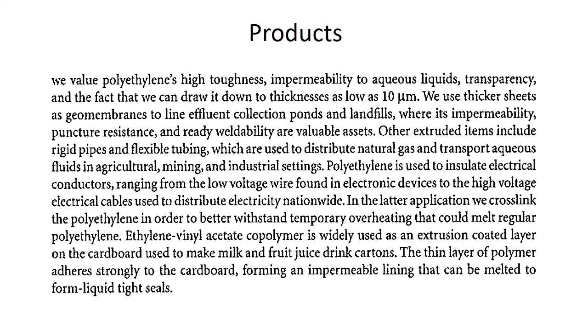We have talked about the toughness and the flexibility of these materials, and how they can be used with variable properties. We can change their impermeability to aqueous liquids, and also their transparency. If we know that a particular thickness of a polyethylene sheet is opaque or transparent to light, we can change its thickness to suit a particular application.